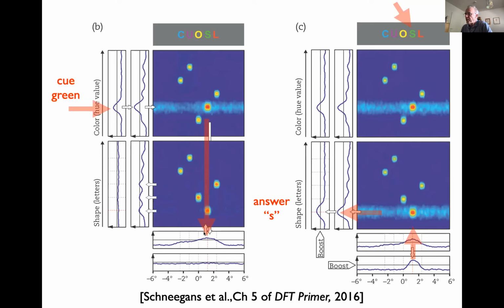That would make a peak here in the spatial field, and now you're making that spatial ridge, bringing that into this field, that brings up the peak that is spatially overlapping. So that's from the same object, which you read out, project out into the shape field, and the answer is S. You read what the shape feature is that's stored at this location.